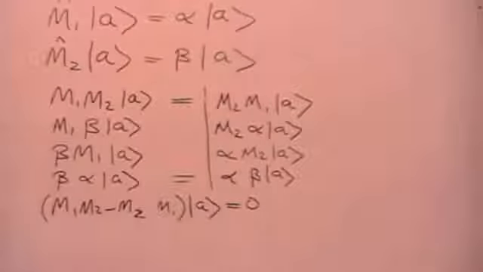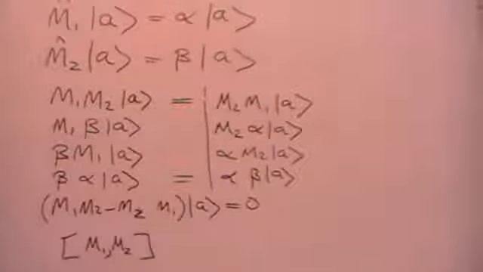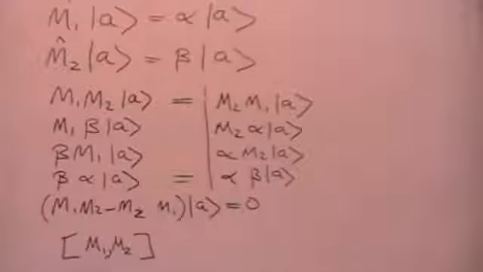This term minus this term, since they're equal, that will be 0. And this M1 M2 minus M2 M1 is called a commutator, and it's written M1, comma, M2. Whenever the commutator is written in square brackets with a comma, that literally means this. It's the shorthand way of writing M1 M2 minus M2 M1.